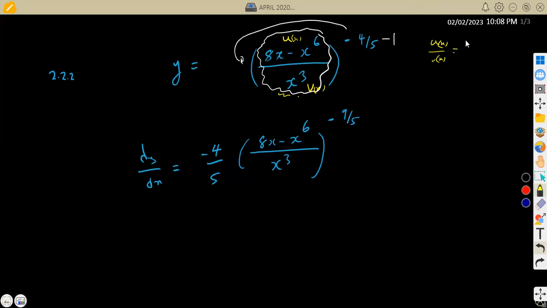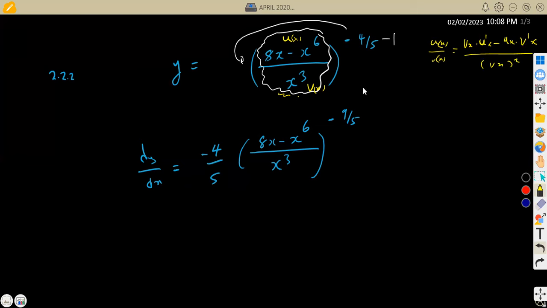So we start with v(x) times the derivative of u(x), then minus, in this case we subtract, u(x) times the first derivative of v(x), over v(x) squared. So that's what you're going to have.